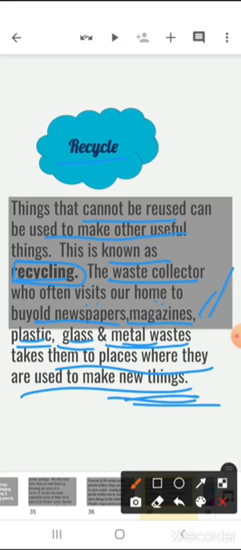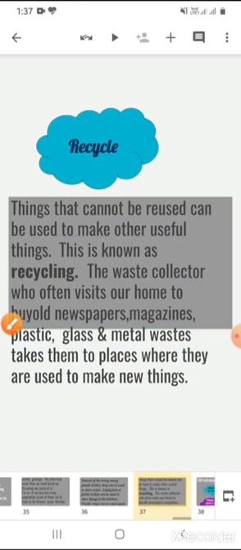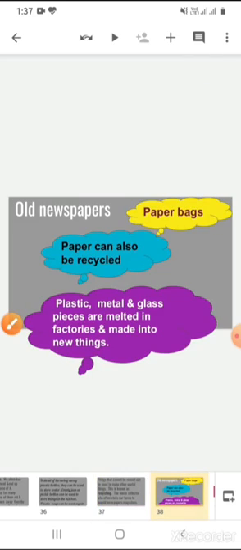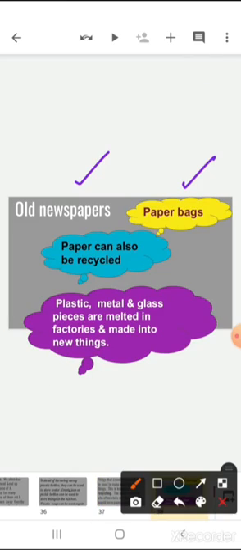Plastic, glass and metal waste are taken to a separate place, and from these new things are made.